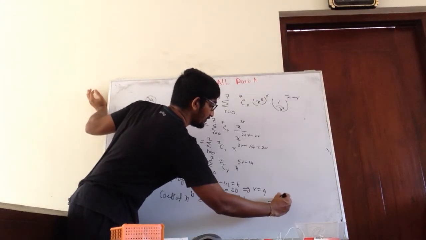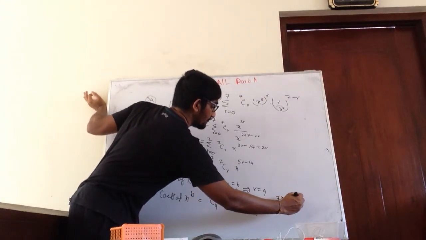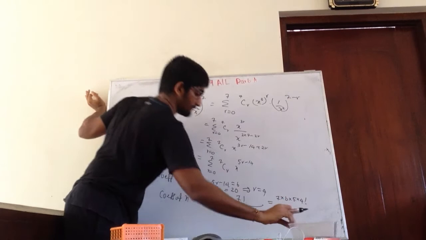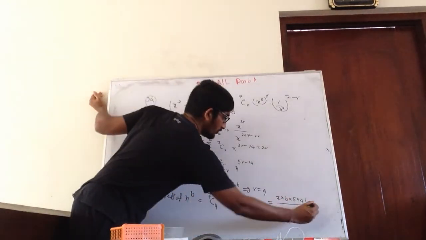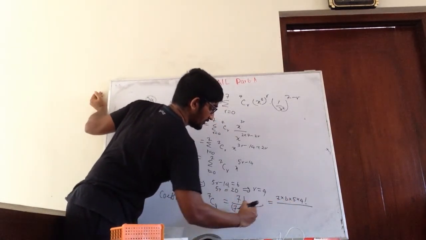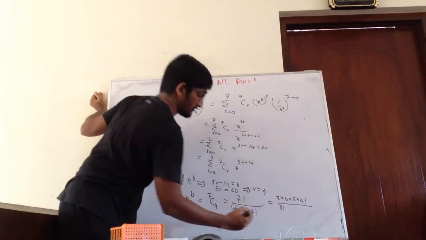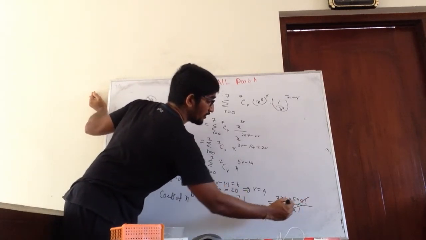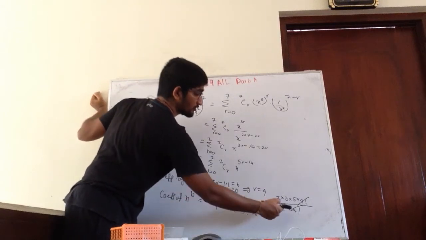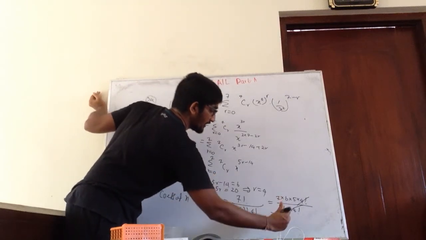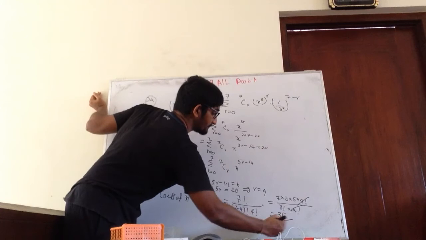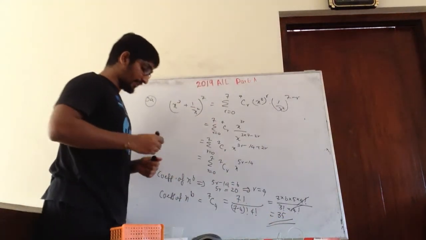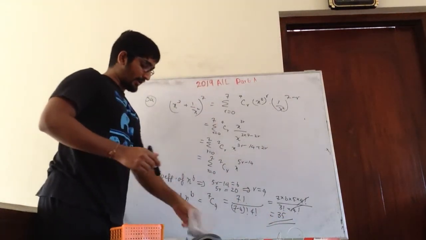If I expand this, 7, 6, 5, 4 factorial over 3 factorial into 4 factorial. You can cut this off, and then 3 factorial is 6, so 7 times 5 is 35. So this is what they are asking as the first requirement.